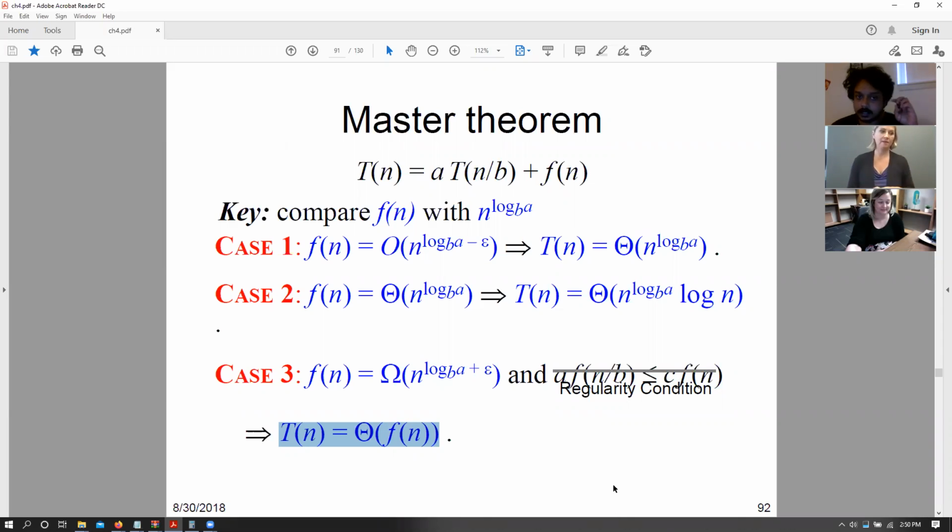Now notice one thing here for all of these 3 cases. We first say that f(n) is big O of this particular equation minus this epsilon. And what does big O usually mean? Big O means the upper bound, right? So minus epsilon means that given this minus some particular constant, we can upper bound f(n). When we say f(n) equals theta of n^(log_b a), we are saying that without any epsilon, it is still going to be within that average case bound.